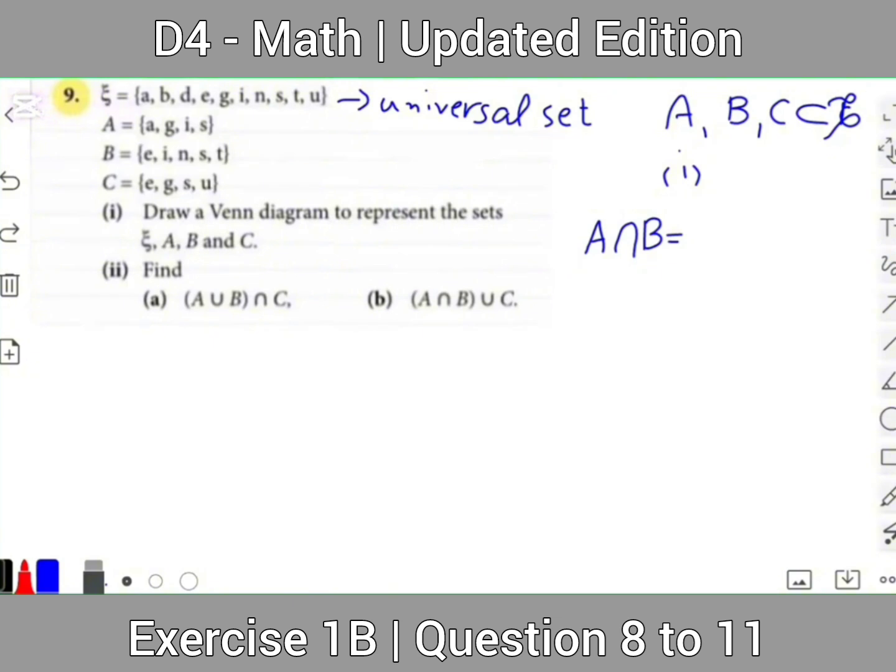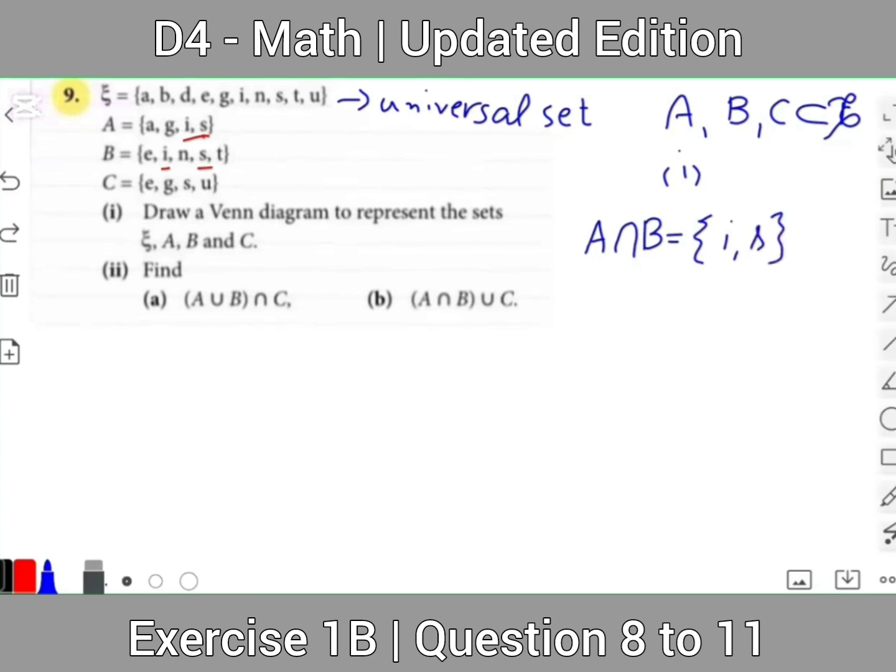We will underline the elements that are common to the sets A and B, and those are I and S. So A intersection B is equal to {I, S}.